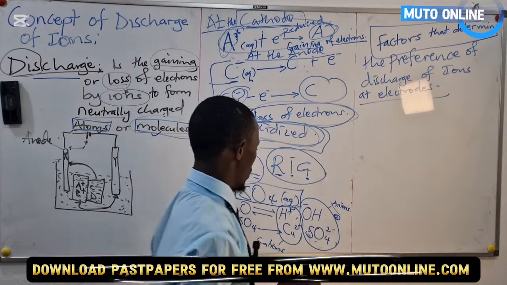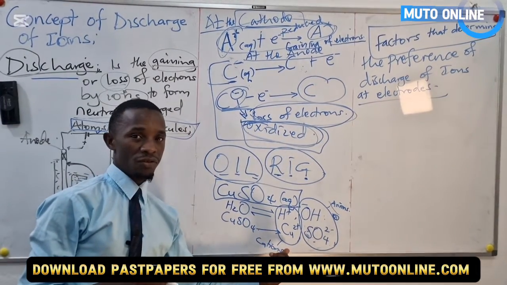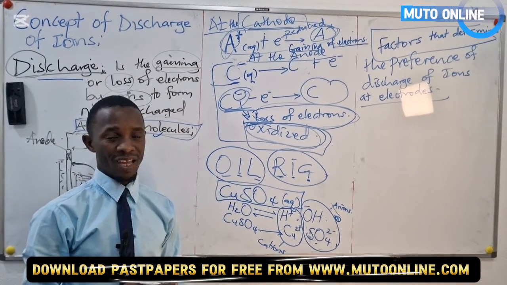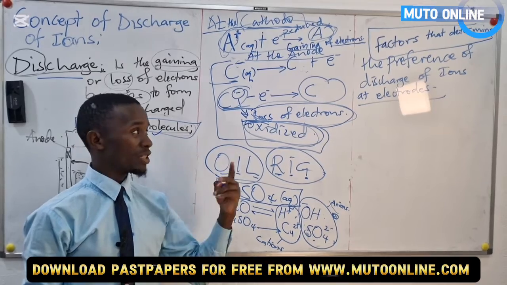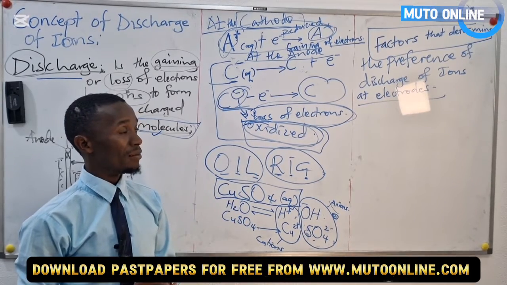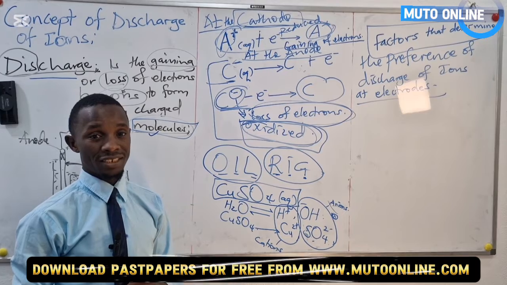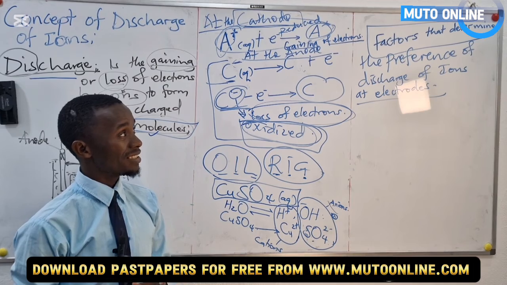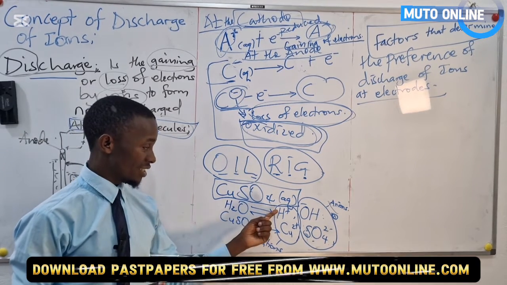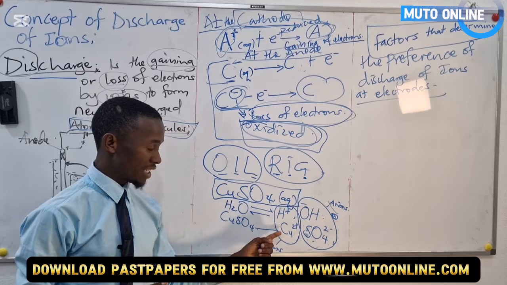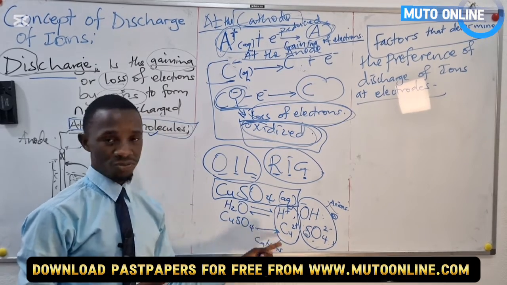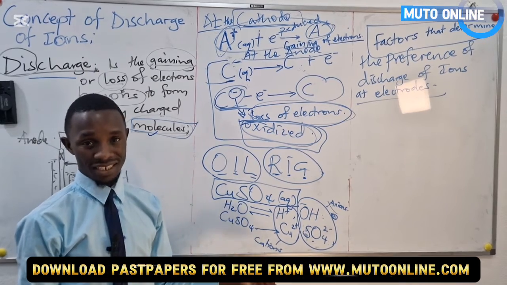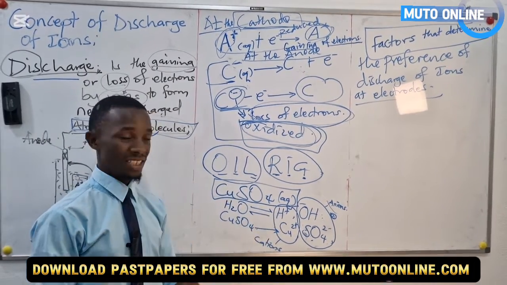We are going to see which of the ions will be discharged in preference of the other and why. So as we get to that point, I request we take this into the next video. We come back with those factors that determine the preference. If they go, two of them, hydrogen and copper, which one of them will be discharged? Why? What will be the product at that given cathode?